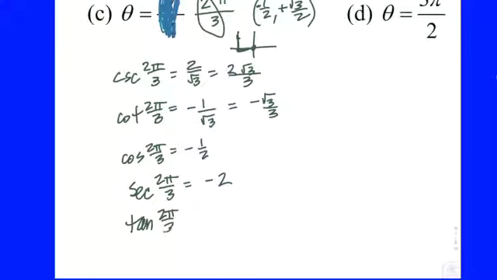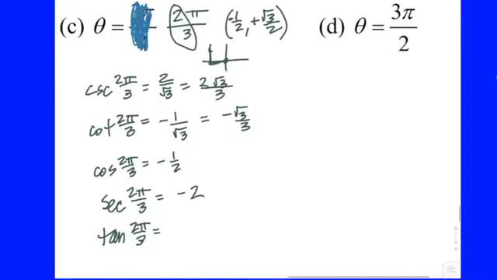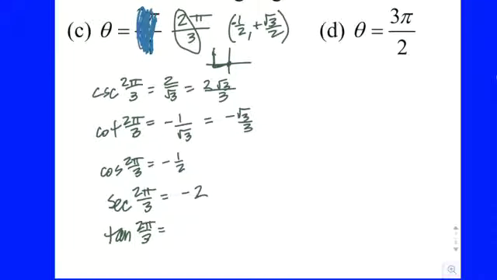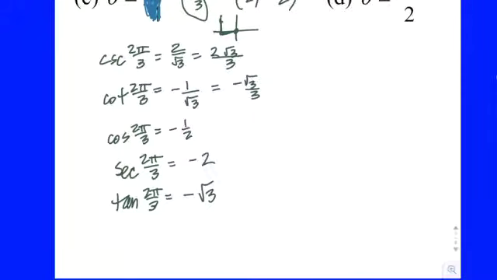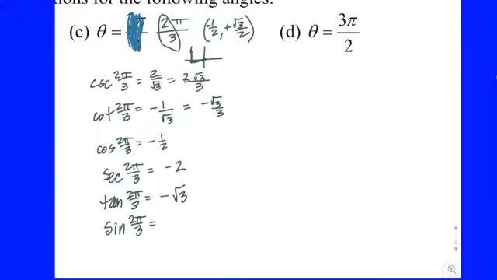Tangent of 2 pi thirds. It's y over x. Forget about the 2's in the denominator. Negative square root of 3. Good. Because it's square root of 3 over negative 1, which is negative square root of 3. That's why we worked hard to get all the denominators to be 2's. Okay? And then the last one, I guess, is sine. The best for last, as I say, right? Sine, y, square root of 3 over 2.